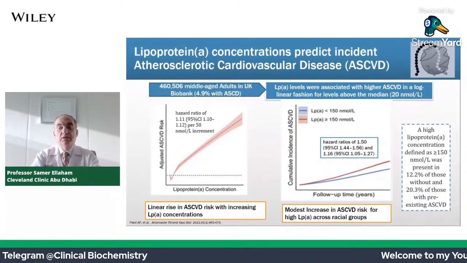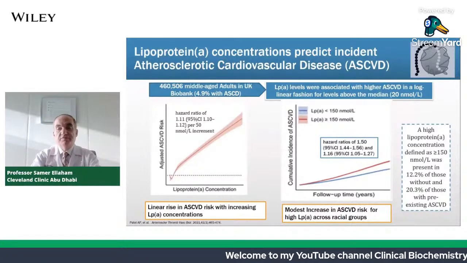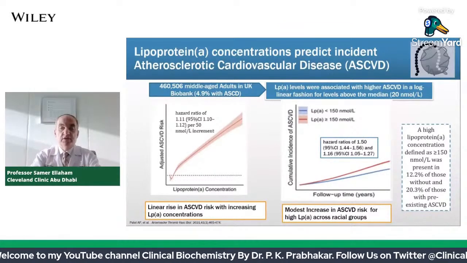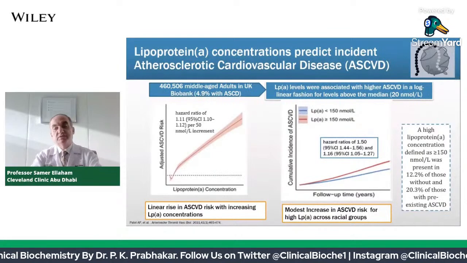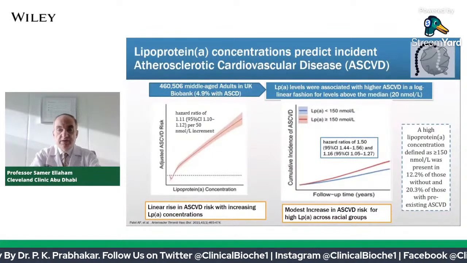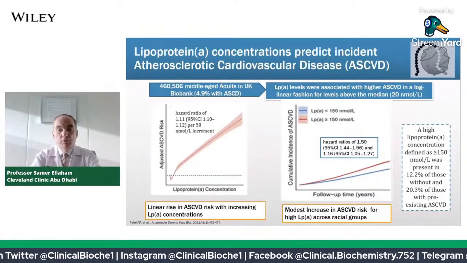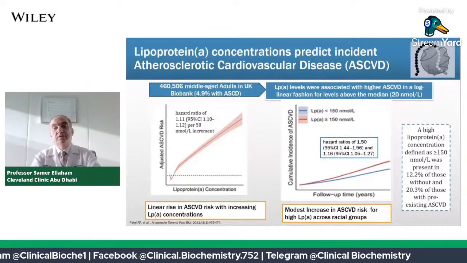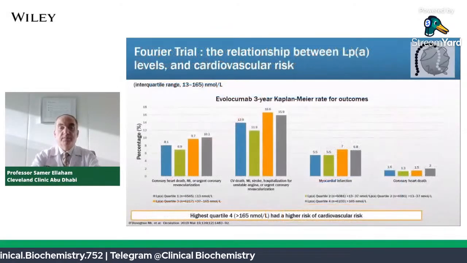A high lipoprotein concentration, greater than 150 nanomoles per liter, was present in almost 12% of those without and 20% of those with pre-existing atherosclerotic vascular disease. So it seems to have great power to show us the relationship, and it really seems to be there with a very large number of patients and different ethnic groups.